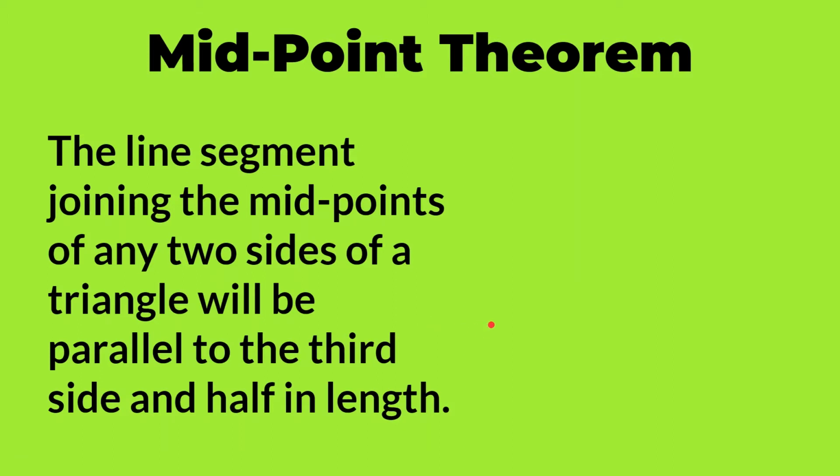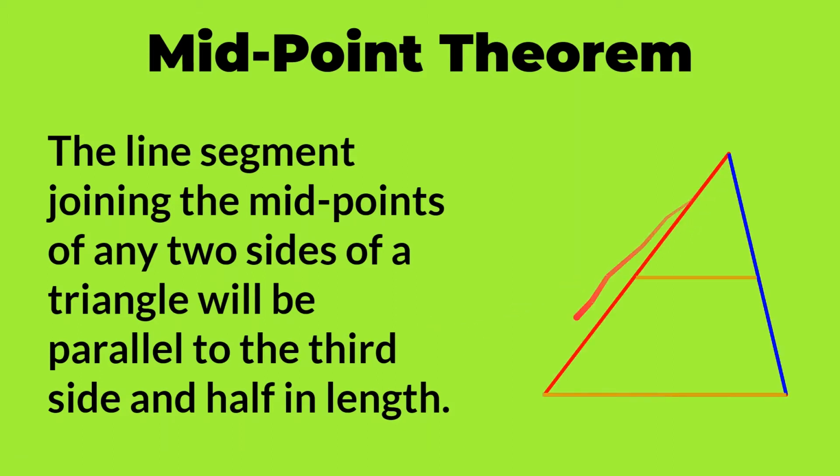So, let's say that we have this triangle, and let's say that this yellow line divides this red line into two parts which are both equal, and the same is for the blue line, that is this part is equal to this part.